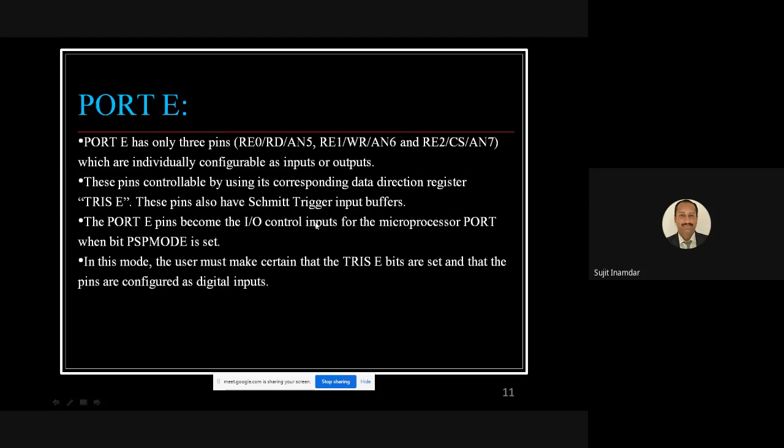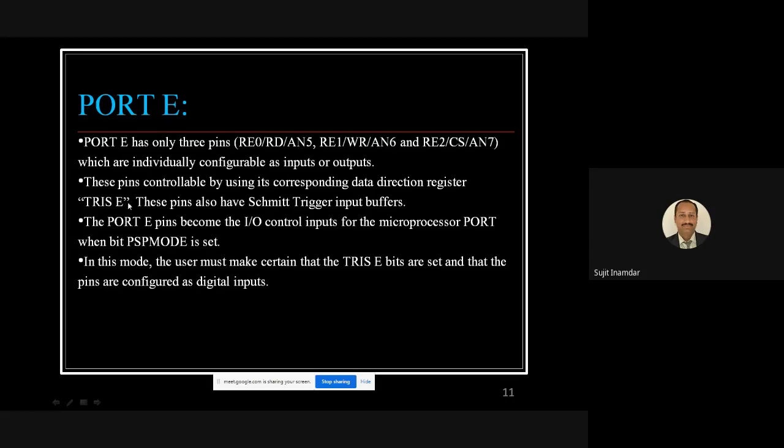Port E. Port E specially has the function of control bits or control pins. It has only 3 pins, that is RD, WR and CS, that is chip select. But with that, it can be used for other purposes also.